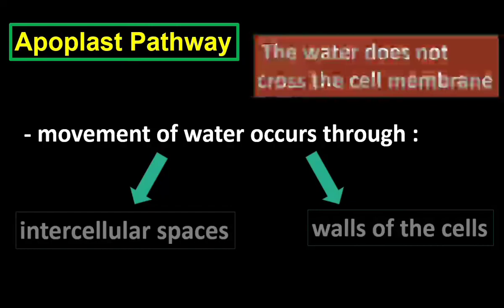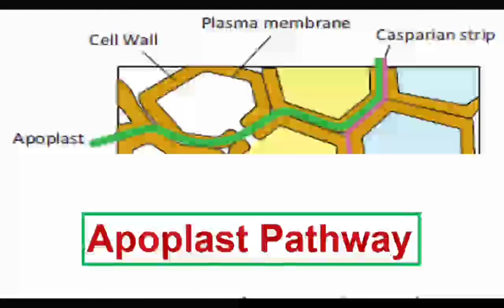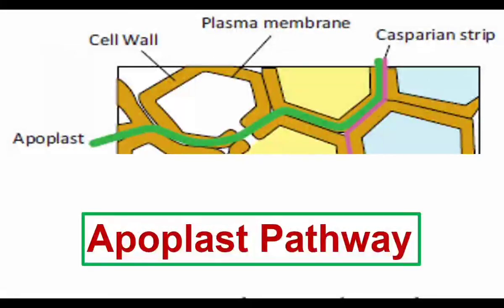That means the water does not enter into the cell. This diagram shows the Apoplast pathway. Here water does not enter into the cells. The water does not cross the plasma membrane. It passes through the intercellular space and cell wall only.